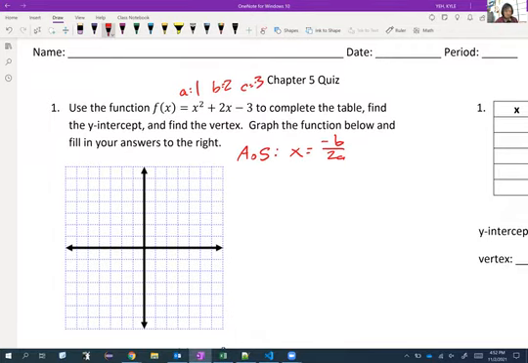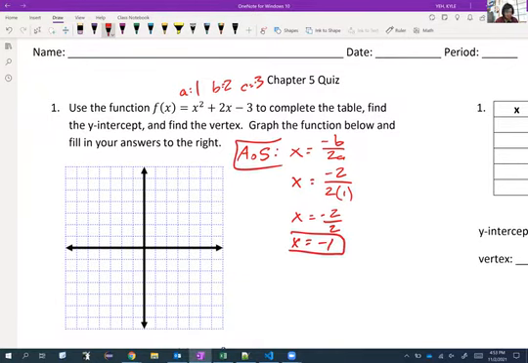So if I'm looking for the axis of symmetry, I can say it's x equals, start plugging in, negative my b value, which is 2, over 2 times a, which is 1. So x equals negative 2 over 2. Axis of symmetry is the vertical line x equals negative 1.